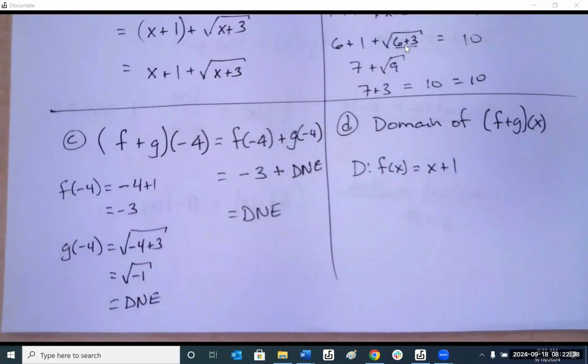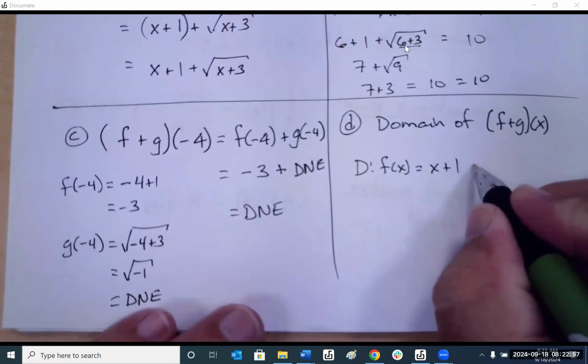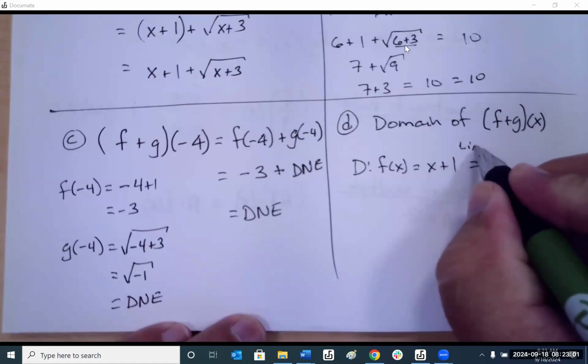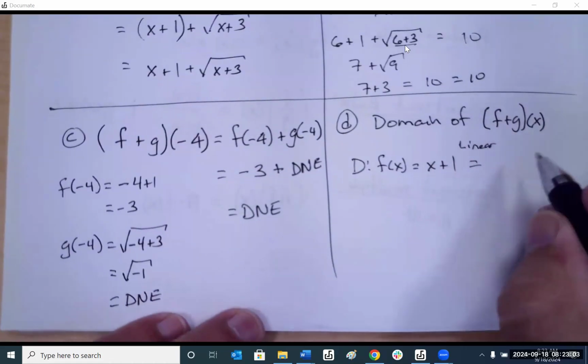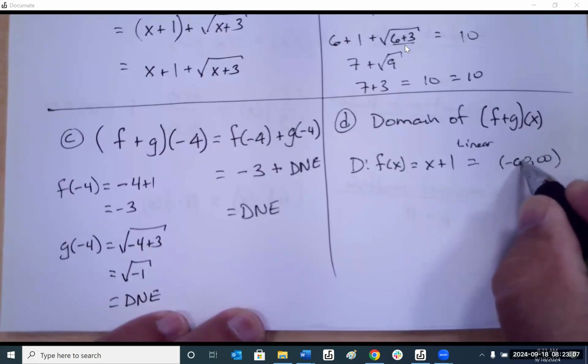Does that satisfy y equals mx plus b? Yes, because the m is whatever is in front of the x. The slope is 1 and the y-intercept is 1. So what's the domain of a linear equation? All real numbers. Negative infinity to positive infinity, right? All real numbers.